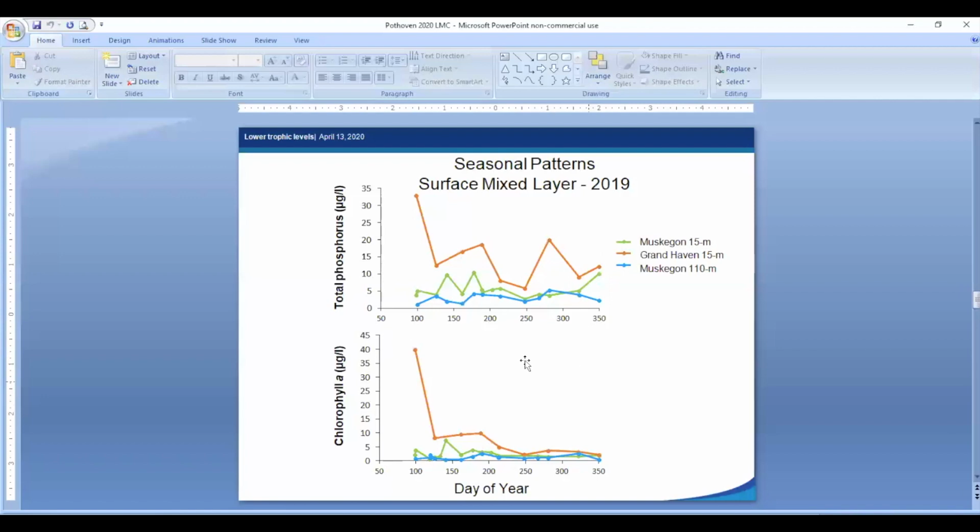And we see a very high chlorophyll in April. This is some of the highest we have on record for our data set at this Grand Haven site, and it really remained elevated throughout the early summer. It is interesting, though, even at that site off Grand Haven, the chlorophyll is not that much different from the Muskegon offshore or nearshore site in the late summer and the fall.